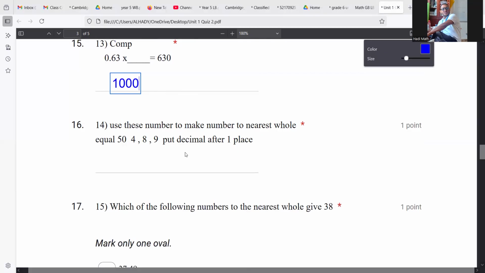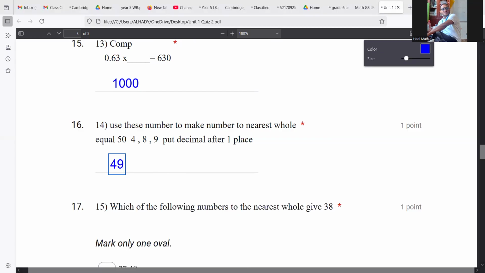Question 14, they say use these numbers to make a number that equals 50 to the nearest whole. The numbers are 4, 8, and 9. So remember, for 50, it must be a number less than 50, like 49.